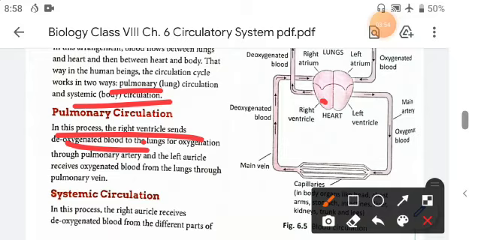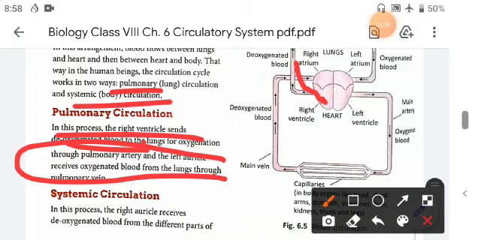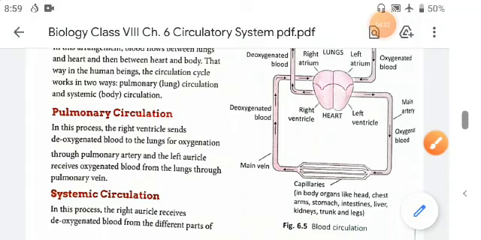It will send the blood to the lungs for oxygenation through the pulmonary artery, and the left auricle receives oxygenated blood from the lungs through the pulmonary vein. Systemic circulation means body circulation. So first is pulmonary circulation and second is systemic circulation.